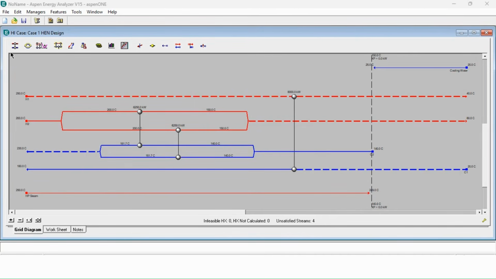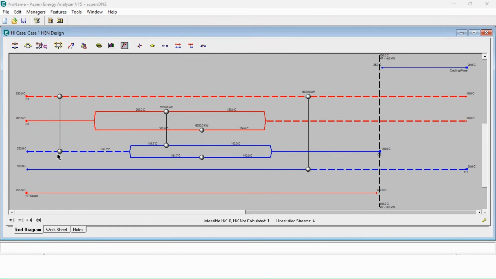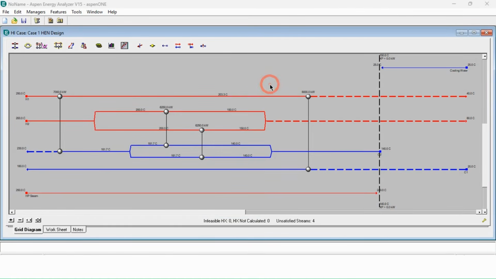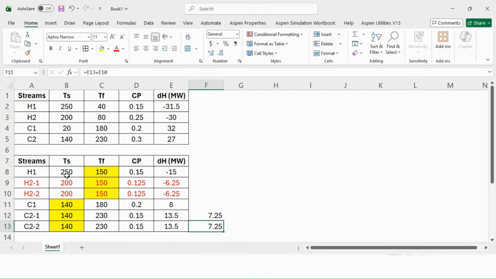You can obviously check in the system, and then we will connect this heat exchanger to this part, from 203.3 to 250 and 181.7, and you can see the delta T is positive on both ends. If we had adopted the other pattern, you would have seen a delta T violation at that site. So now you can see with these connections, the heat load of this one is also satisfied.